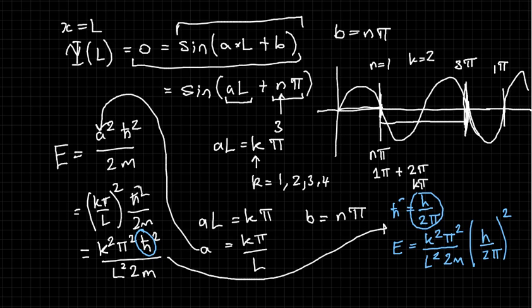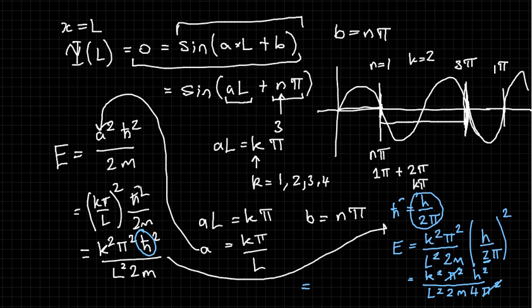So we get that the energy is equal to k squared pi squared h bar squared, and so we're going to replace h bar squared with h over 2 pi all squared, divided by L squared times 2m. So you can see here that I've just replaced this value here with this here.